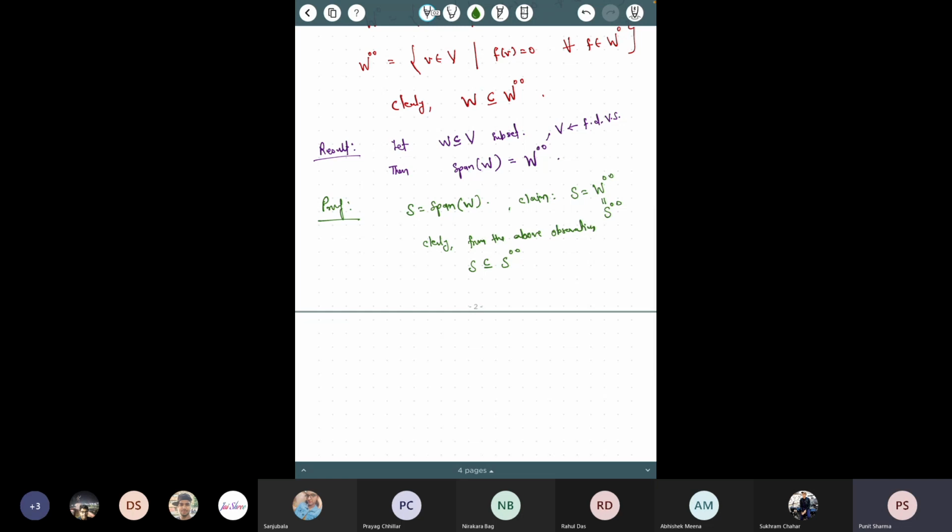Now we have to prove the other direction. There are two ways. Either we take an element in S double annihilator and show that it belongs to S, or there is another way. What is that way?